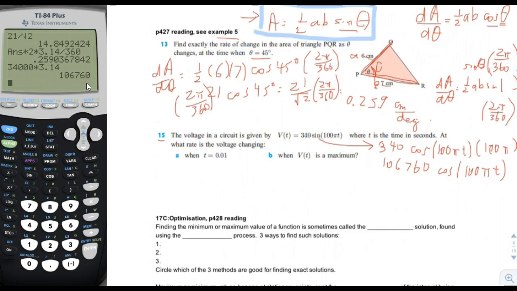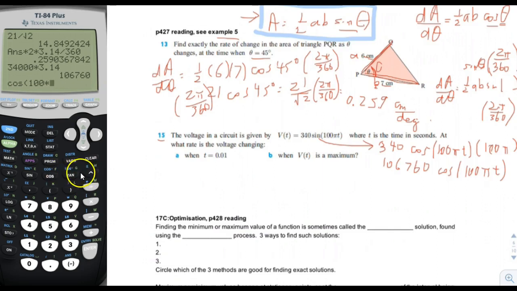So it says, what about when t equals 0.01? What happens? Let's see. I'm going to make sure that I'm in radians mode first. So I go mode. Yes, I'm in radians mode. That's good. So I'm going to put cosine of 100 times pi, and there's a pi button here somewhere.